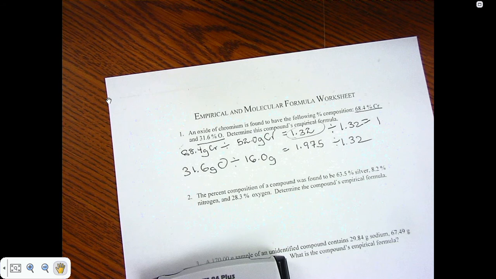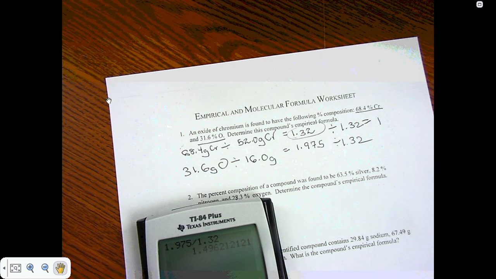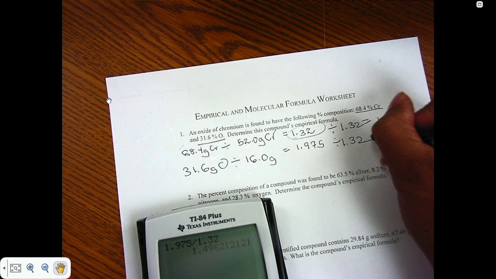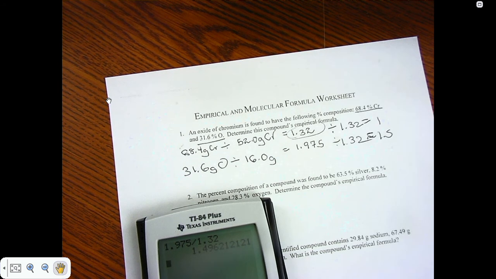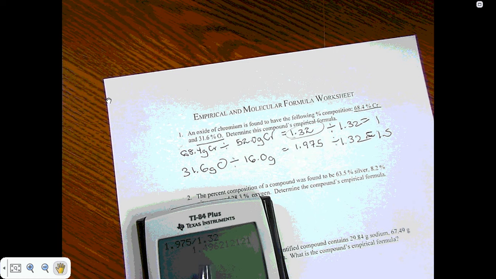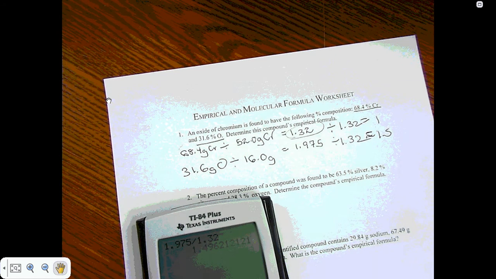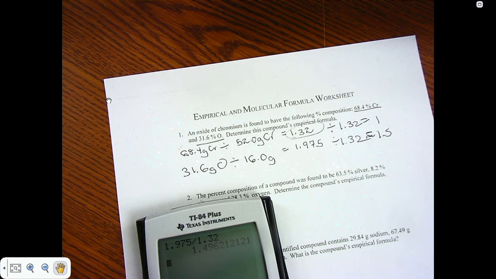But 1.975 divided by 1.32 is going to give me a number that's 1.49, which I'd approximate to 1.5. Notice I said 1.5. I'm not going to round that 1.49 number to 2 because that's not what you're supposed to do. Remember, we're trying to achieve a whole number ratio, and if you round prematurely, you end up getting the wrong empirical formula.